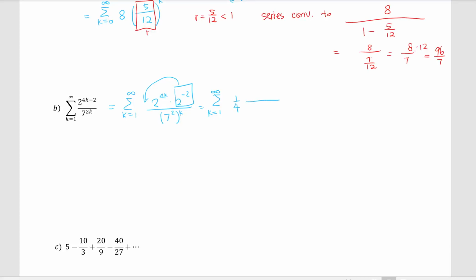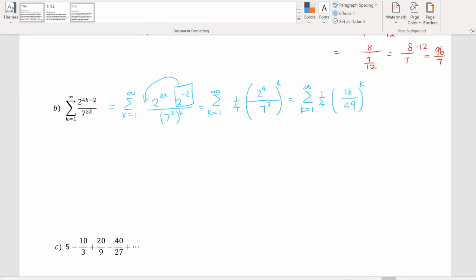And then 2 to the 4k is like 2 to the 4 to the k. And downstairs we have 7 squared to the k. So we can actually group them together. So what we are doing is make the problem into the standard form. Then we'll be able to see what's the ratio. 2 to the 4 is actually 16. 7 squared is 49.